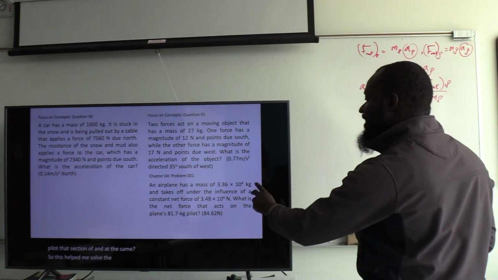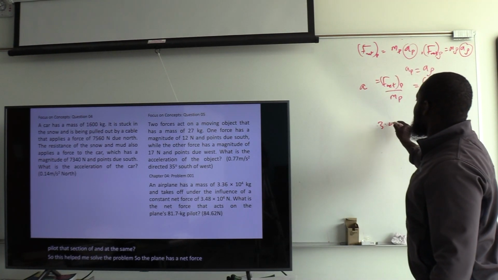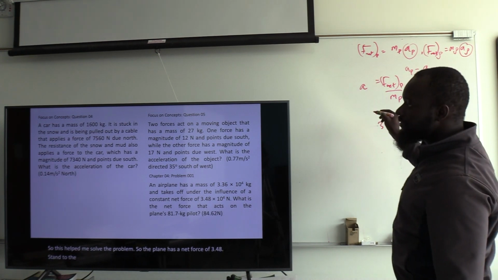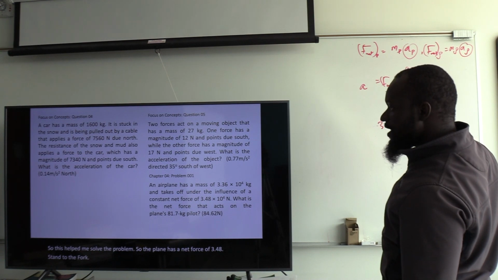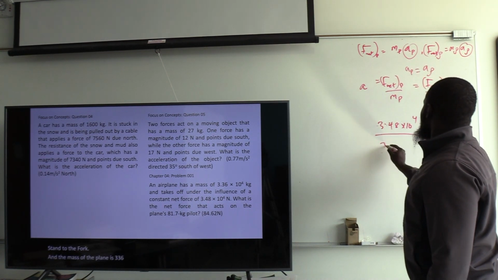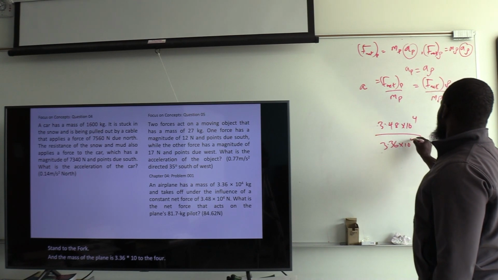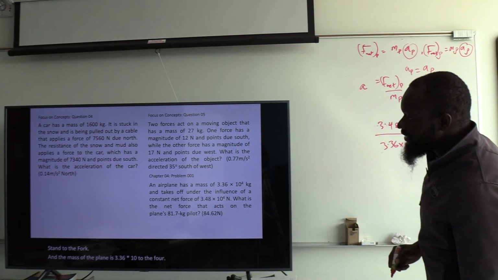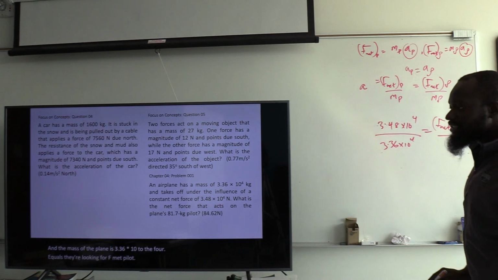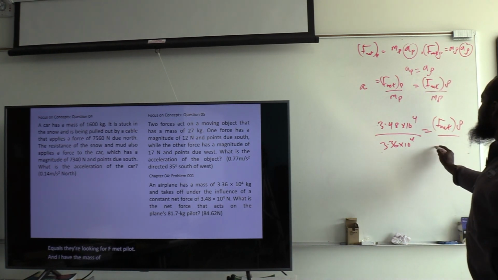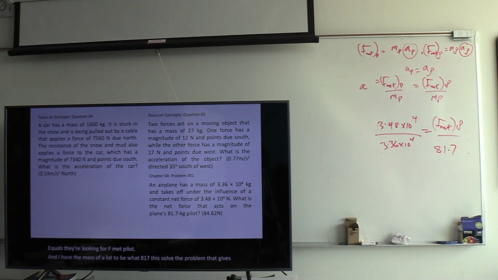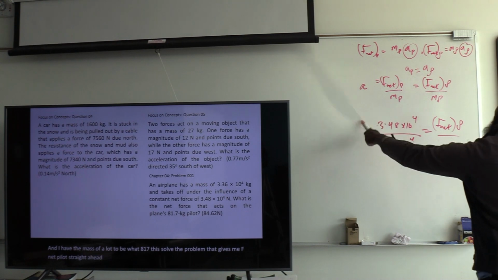So the plane has a net force of 3.48 times 10 to the 4 newtons, and the mass of the plane is 3.36 times 10 to the 4. They are looking for F net pilot, and the mass of the pilot is 81.7. So F net pilot is 81.7 times this divided by this.